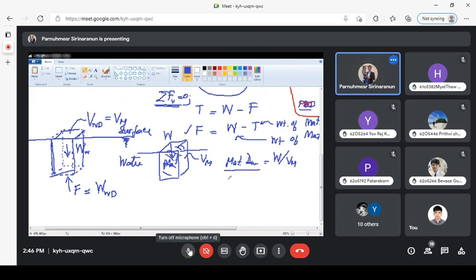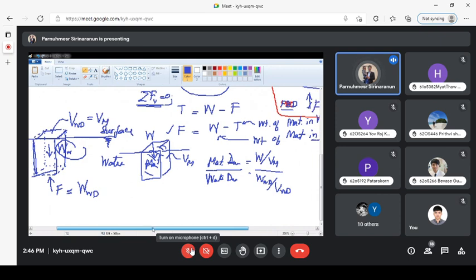So for water, density equals what? Equal to the weight of water that disappears divided by the volume of water that disappears. You get what I'm saying?